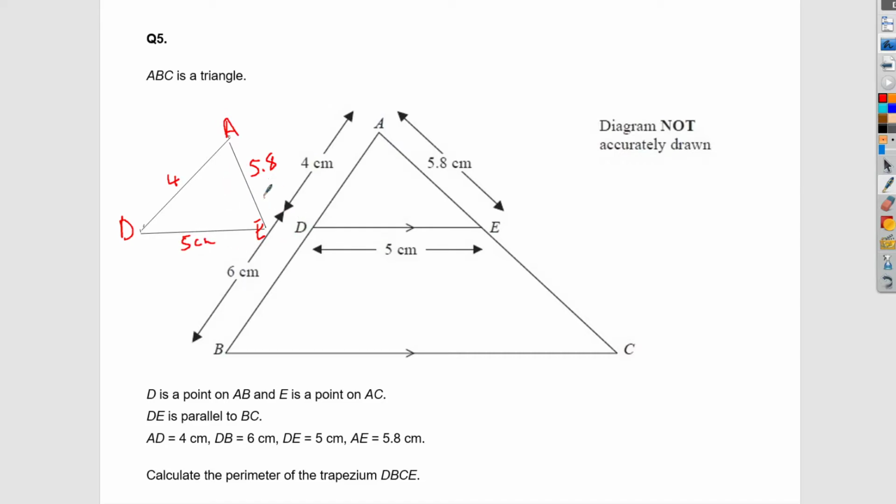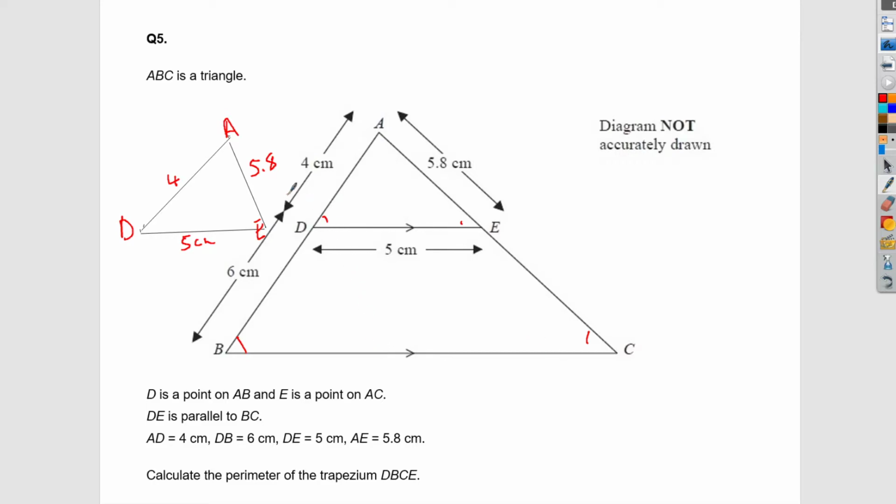Now, as you can tell, these two triangles are similar. The reasons being that this angle is the same as A. That angle here corresponds to that angle, so those two angles are the same, and this angle here corresponds to that angle, so those two angles are the same. For those reasons, this triangle is similar to the larger triangle.